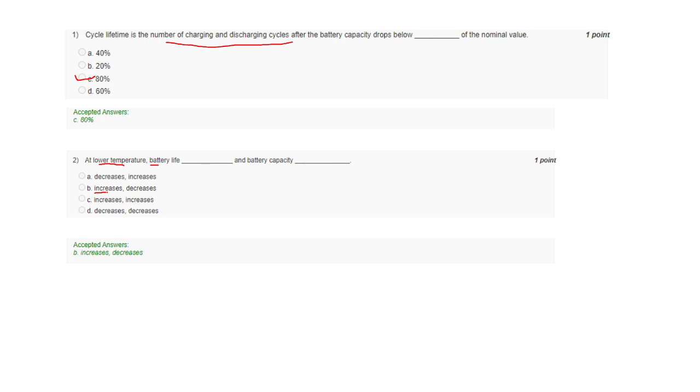So if you operate at lower temperature, your battery will perform much better for a longer time. If we talk about the battery capacity, some materials and the reactions involved perform much better at higher temperature, right? So that's why the battery capacity decreases, right? So option B will be your correct option.